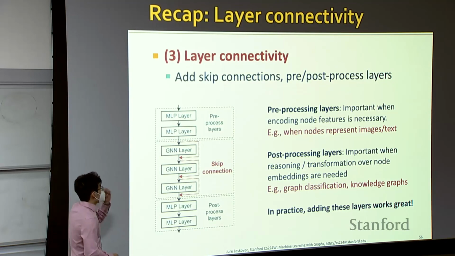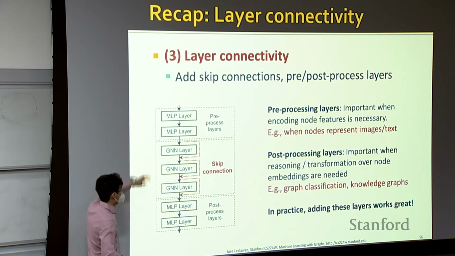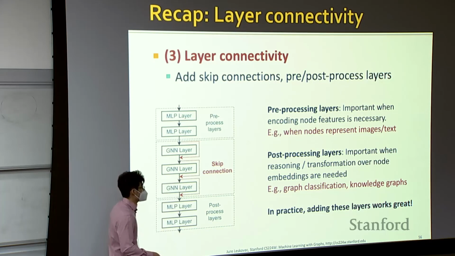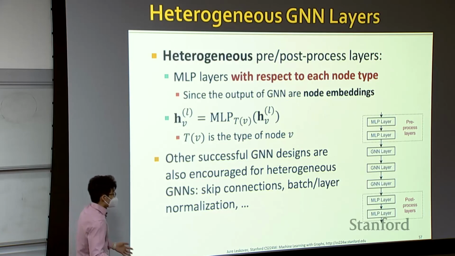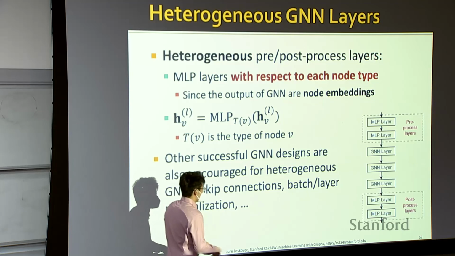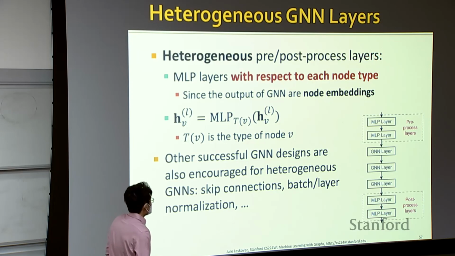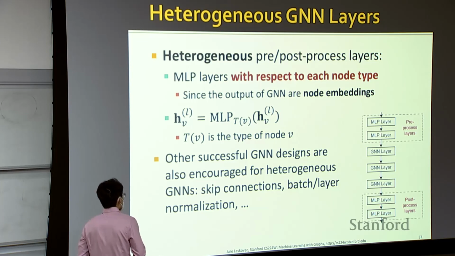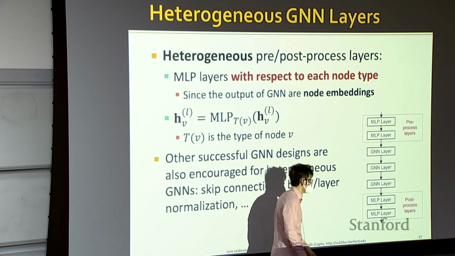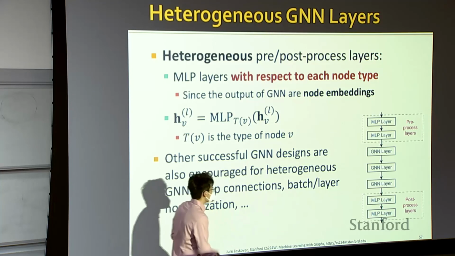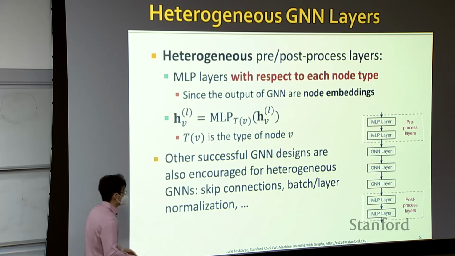And we talked about the connectivities between GNN layers, including adding the pre-process layer, post-process layer, and skip connections. For heterogeneous GNN, we can basically keep the same design as for the homogeneous graph. The only thing to discuss is that for those pre-process and post-process layers, we have these so-called MLP layers, and now these MLP layers should be with respect to each node type.